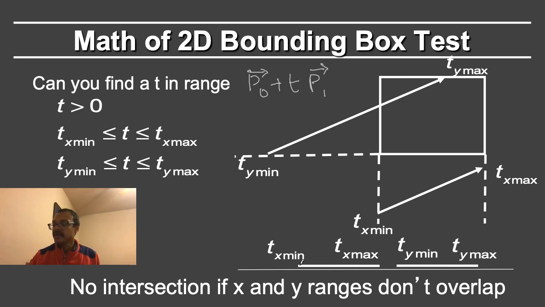As shown here, you have the x min and the x max range which doesn't intersect the y min and the y max range. In this case, there will be no intersection. However, if we moved the y min and the y max range so that it was a region here, then there is this intersection range and you could find a t within it.